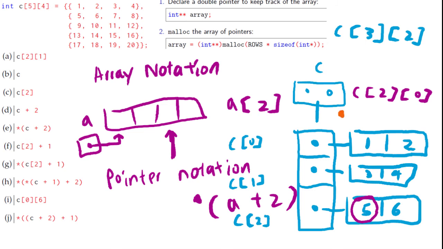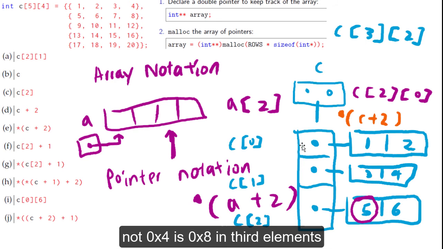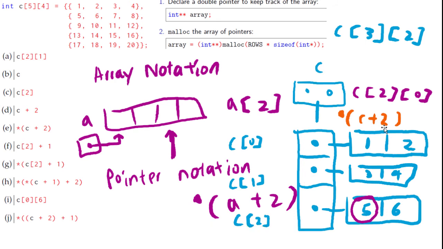Inside the bracket, you are adding C plus 2. This is the notation. Although the hexadecimal address is not plus 2, for example, this is 0x0 and this one is maybe 0x4 because an integer is 4 bytes. But when you add 2, the C language will automatically go to this position, C[2].